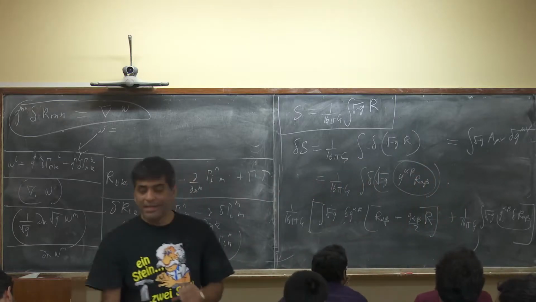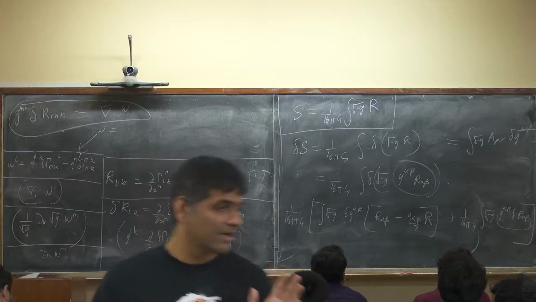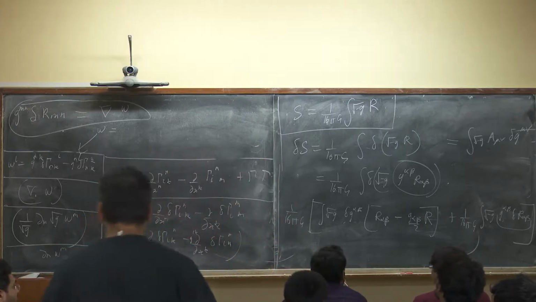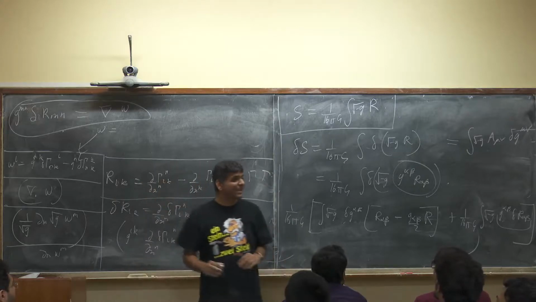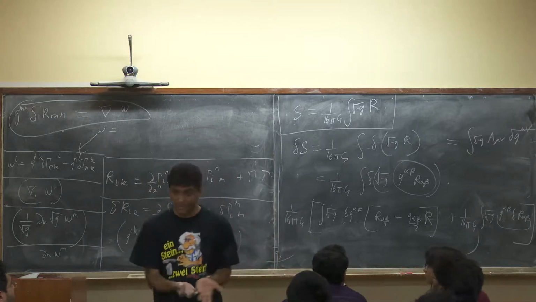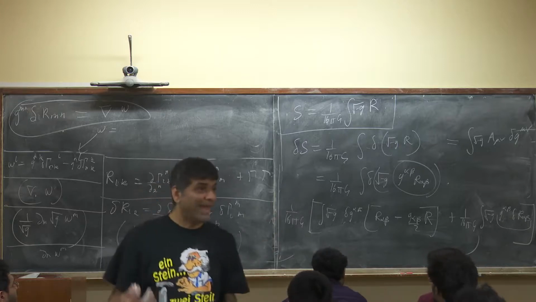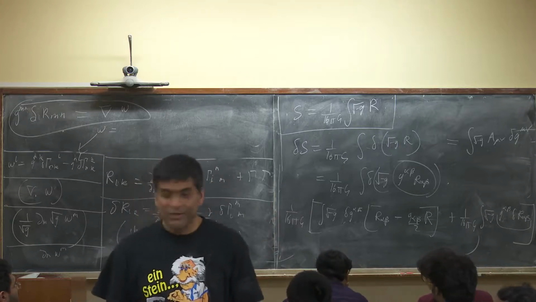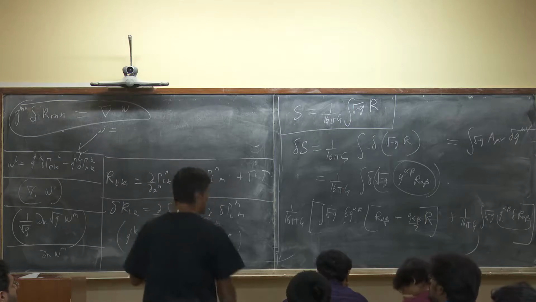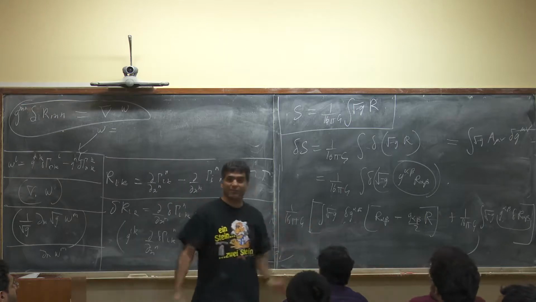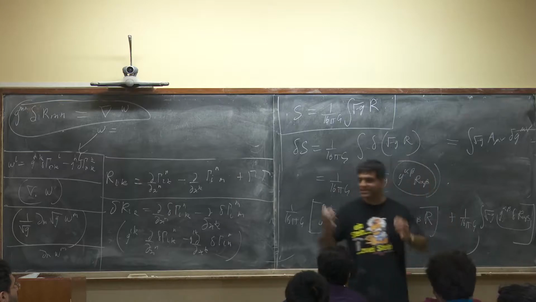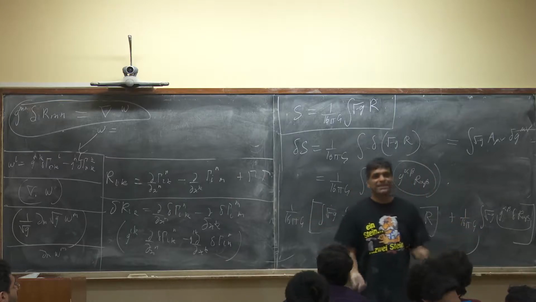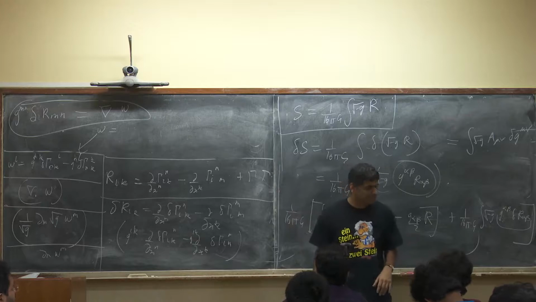Now, let me pause here to make an important point. When can you integrate total derivatives to the boundary? What we've got is a fancy covariant total derivative. But Gauss's theorem or Stokes' theorem, the theorem that relates the bulk integral to the boundary, is basically a statement about derivatives.